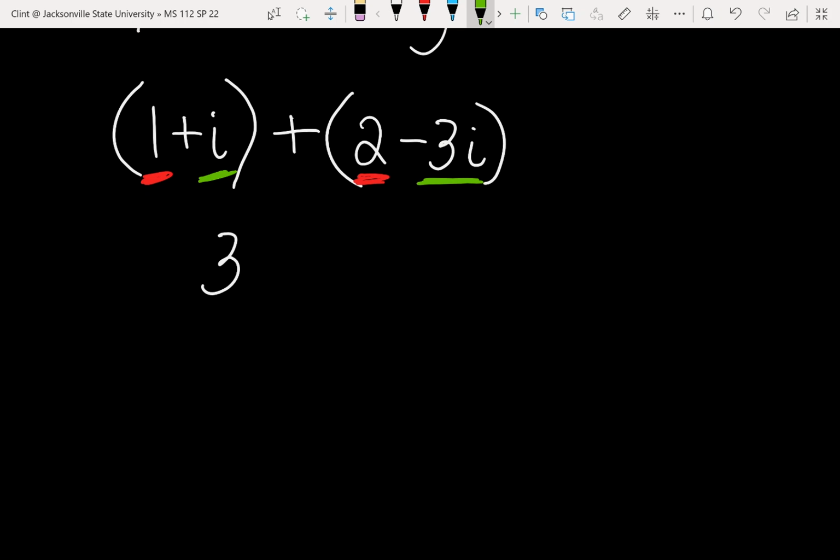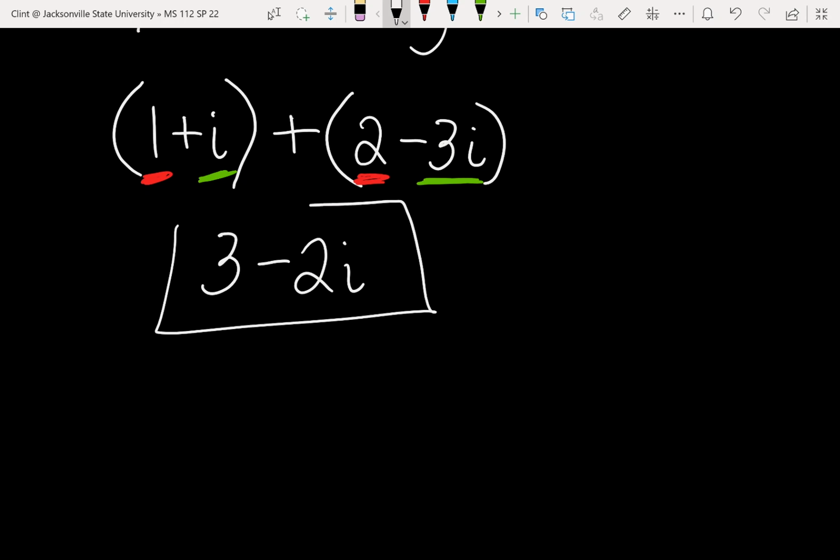So i plus negative 3i, or i minus 3i, however you want to think about that. 1 plus 2 is 3. 1 minus 3 is negative 2. Okay. We had 1 + x + 2 - 3x. It would have worked out the same way. So like that.